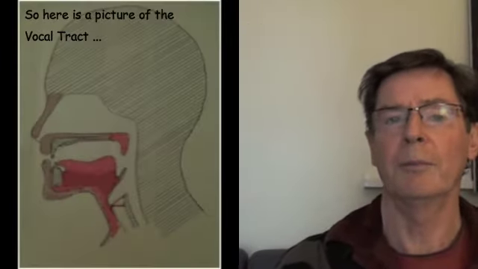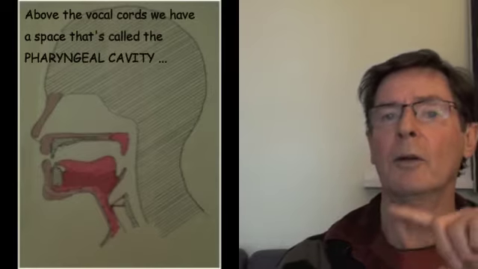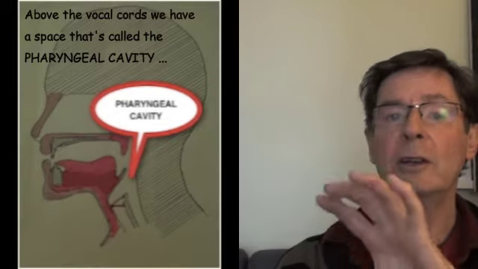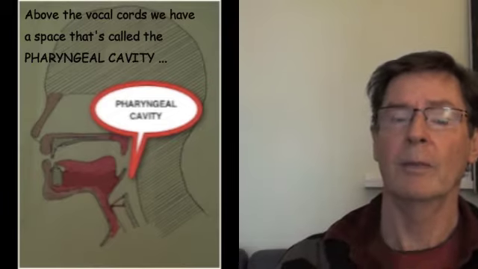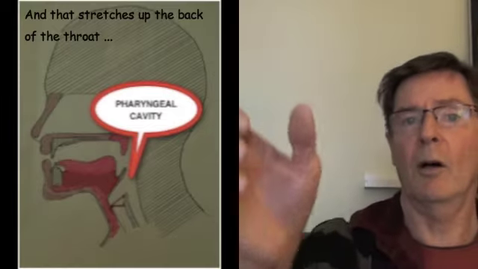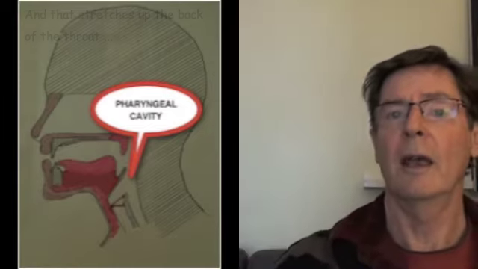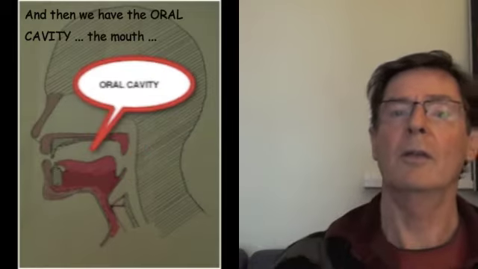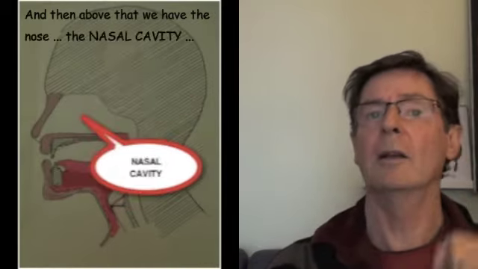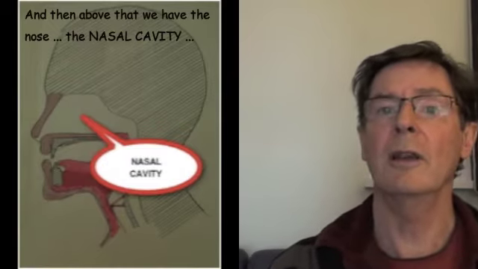So here is a picture of the vocal tract, and above the vocal cords we have a space that's called the pharyngeal cavity, and that stretches up the back of the throat. And then we have the oral cavity, the mouth, and then above that we have the nose, the nasal cavity.